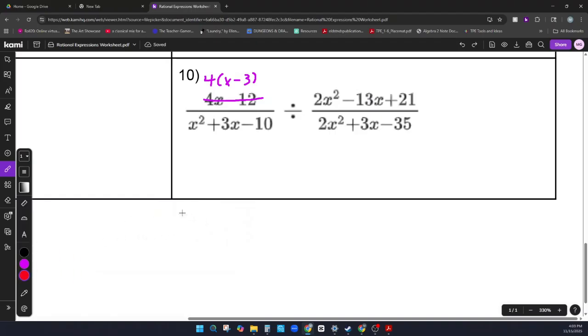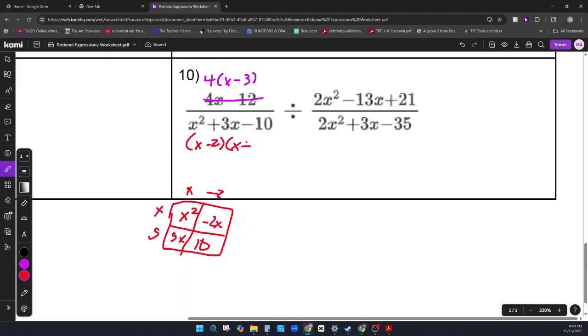That's going to be x squared, negative 10, negative 2x, 5x, x and negative 2, x and 5. This is going to give me x minus 2 times x plus 5. And now I've fully factored my first denominator.